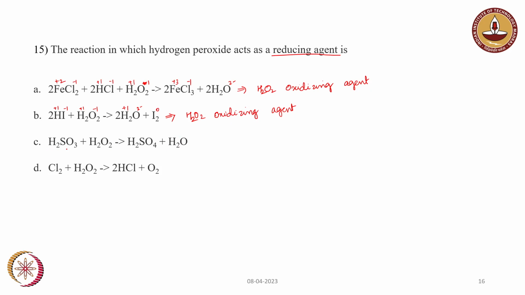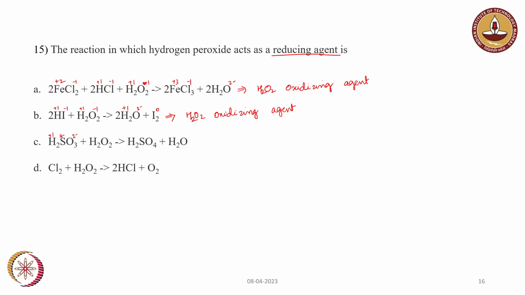And here H2SO3 plus H2O2 giving H2SO4 and H2O. Here hydrogen is in +1 and oxygen is in 2 minus. So 3 oxygen is present, so total should be 6 minus, and 6 minus plus 2 plus will be 4 minus.